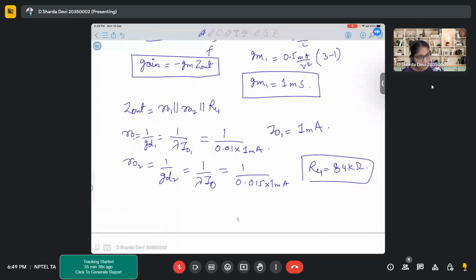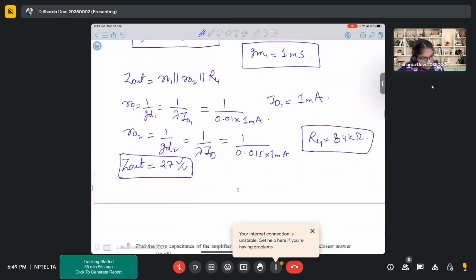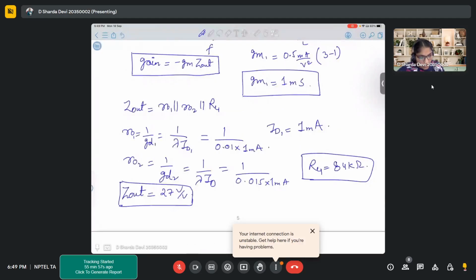So when we solve this parallel combination, we find out that R out is 27. R01 is 100 kilo ohms, ma'am. R02 is 66.67 kilo ohms.